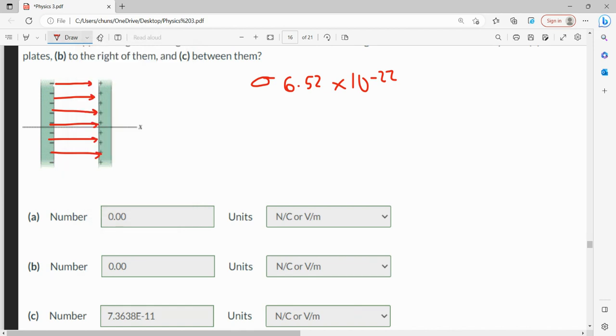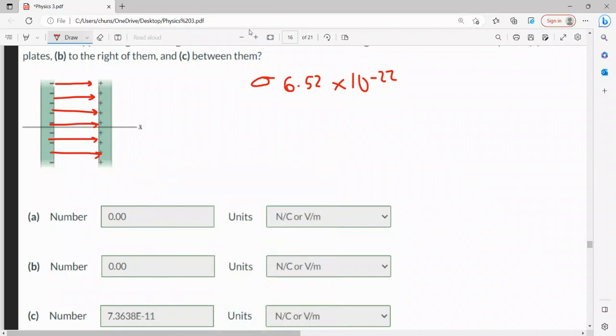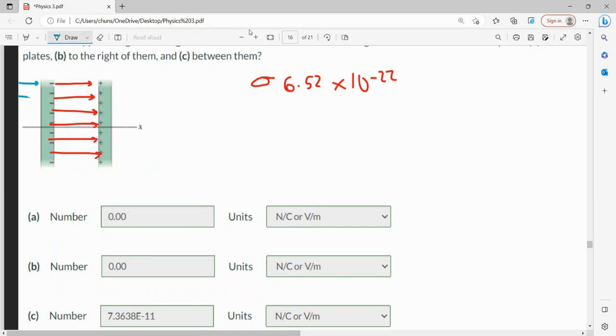And for our negative plate, we know that electric field lines want to flow into it, and from our positive, they would want to flow away from it.